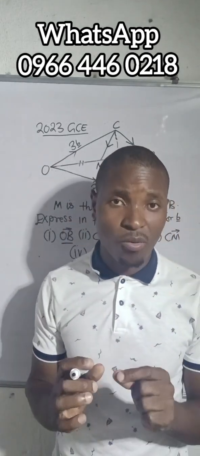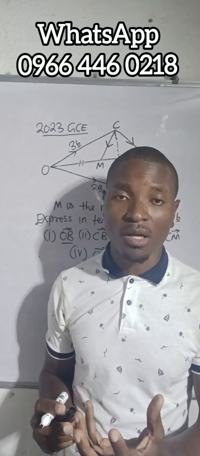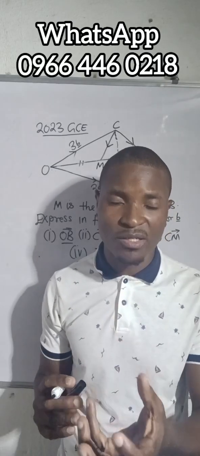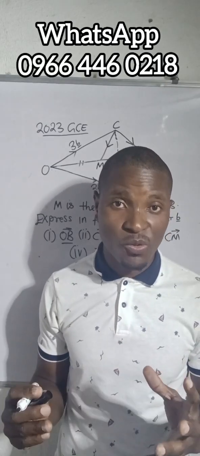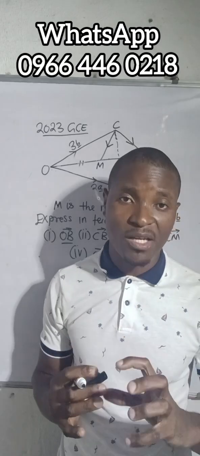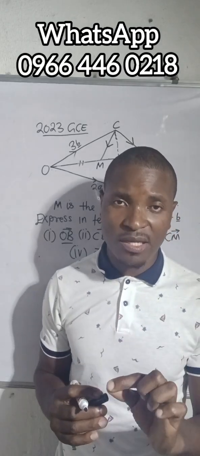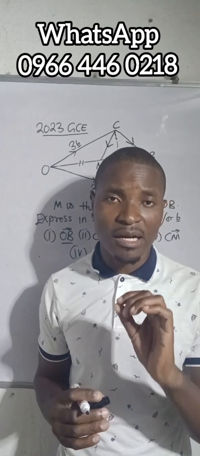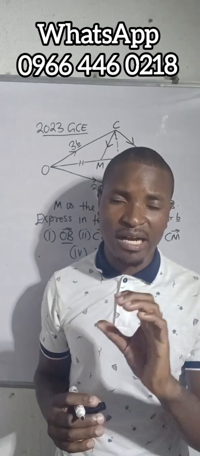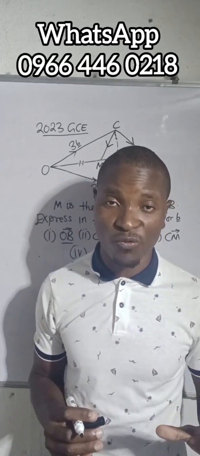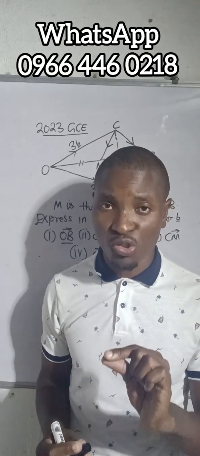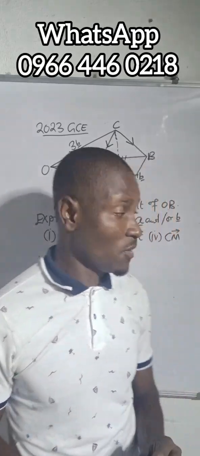It is very important because it is going to help us have correct answers. If you don't do that, you are going to be failing to understand how vectors work. Vectors, their fundamentals lie in understanding how the directions are going to move. So we have to be able to know that. Therefore, let's answer this one.